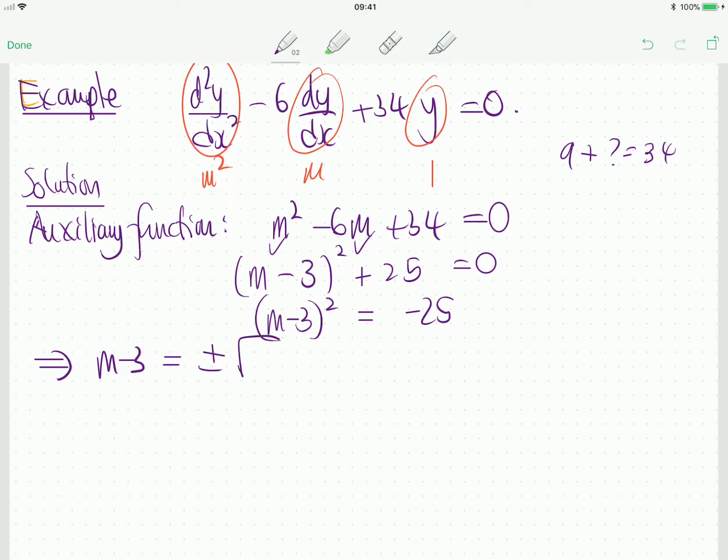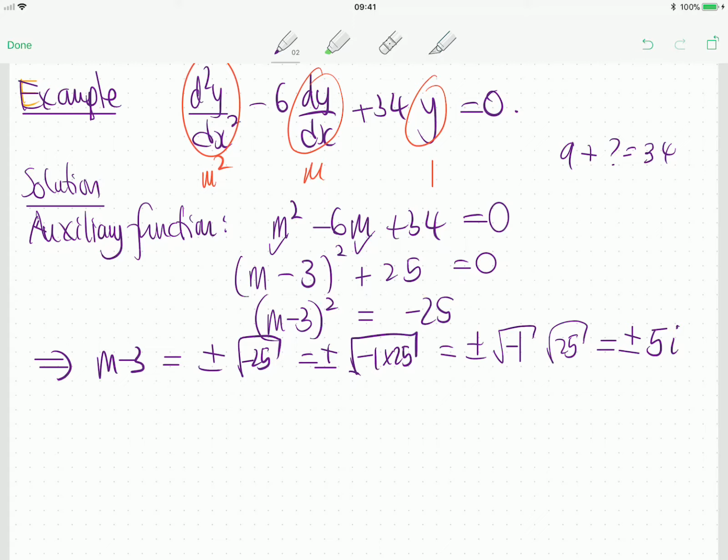we have the square root of minus 25, which is the same as the square root of minus 1 times 25, which is, I'm going to write that a bit tidier, which is plus or minus the square root of minus 1, which is i, times the square root of 25, which is 5.